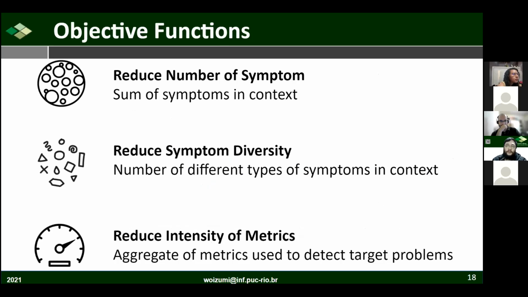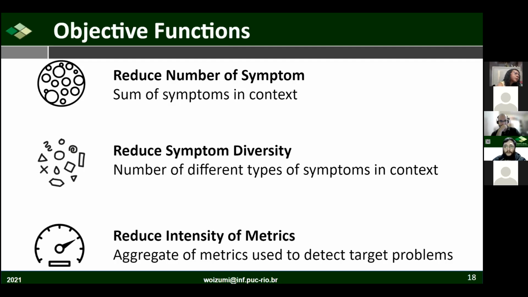Regarding the objective functions, we are still defining which ones we will use, but so far we have some candidates. The first one is to reduce the number of symptoms, which is basically to evaluate if a given solution will have fewer symptoms than a previous one, for example. And we have a related one, which is intended to reduce the symptom diversity, which is the number of types of symptoms in the selected context.